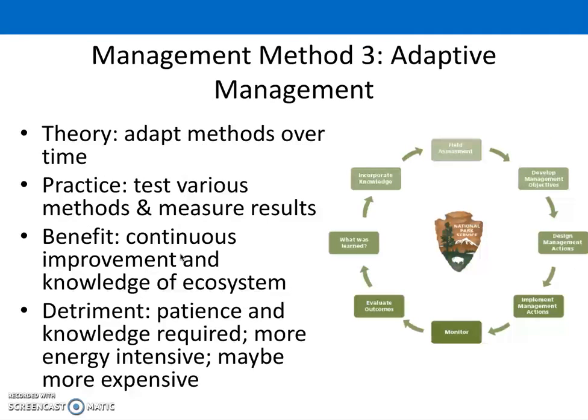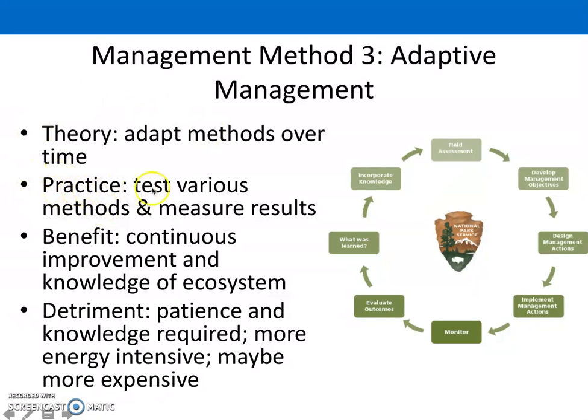So the third management method is kind of an intermediate between the two. And this is actually the method used by the National Park Service and National Forest Service in the United States, and that's called adaptive management. So the theory here is that you use a variety of methods and adapt those methods over time to the needs of consumers as well as the needs of the ecosystem.